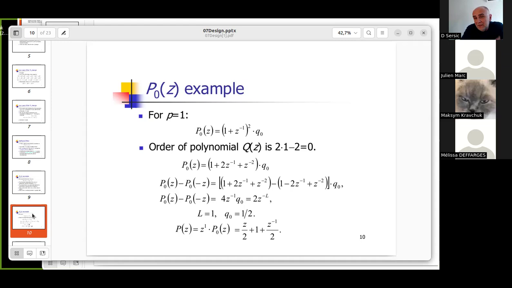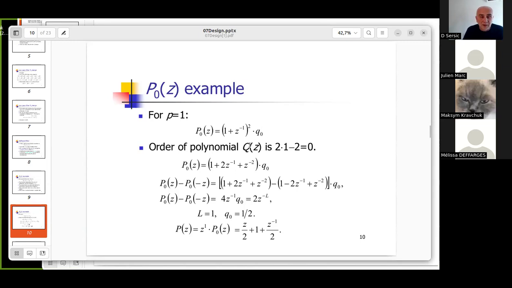Let P for the beginning be equal to 1. So 2 times 1 is 2, so we have that power of 2. How about the Q polynomial? 2 times 2 equals 4, minus 2 equals 2; for P equal to 1, 2 times 1 equals 2, minus 2 equals 0.